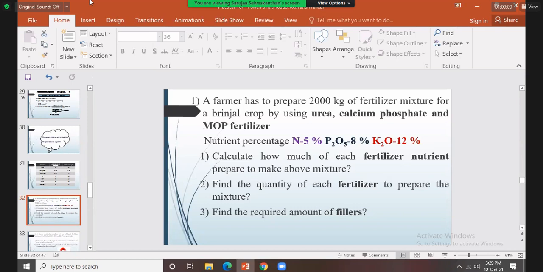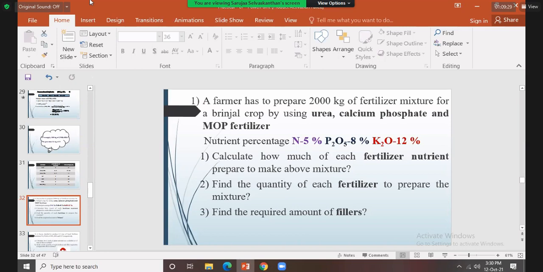How much urea is used to get 100 kilogram of nitrogen? You are thinking 100 kilogram of fertilizer has 46. Then you want to get 100 kilogram of nitrogen. How much fertilizer is needed?